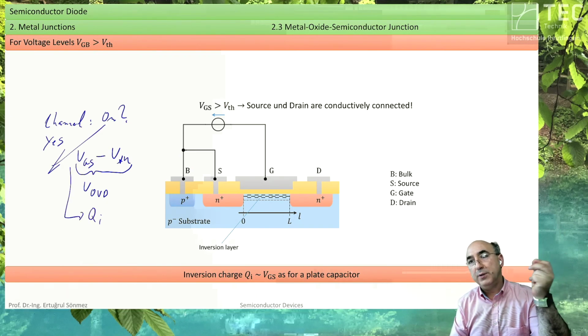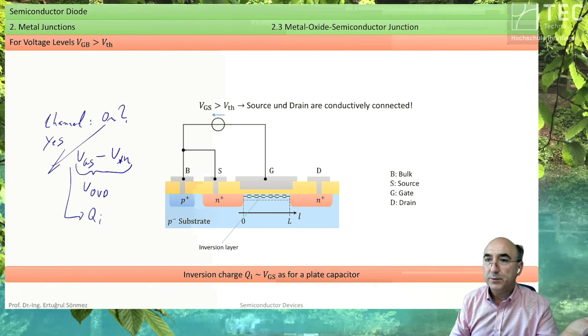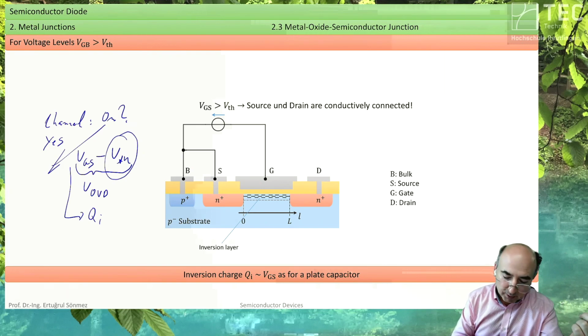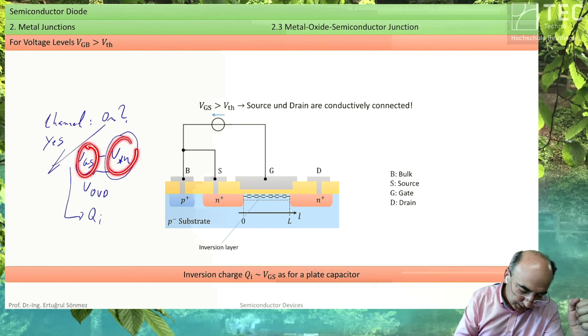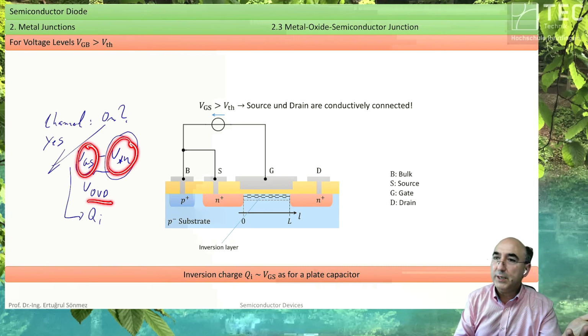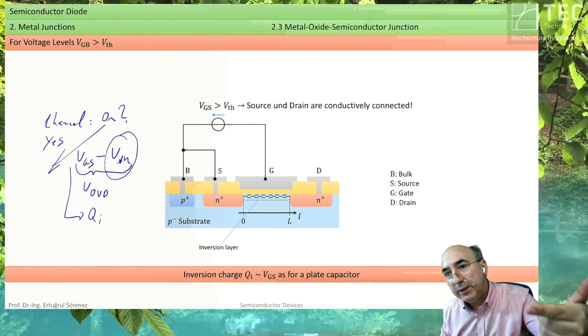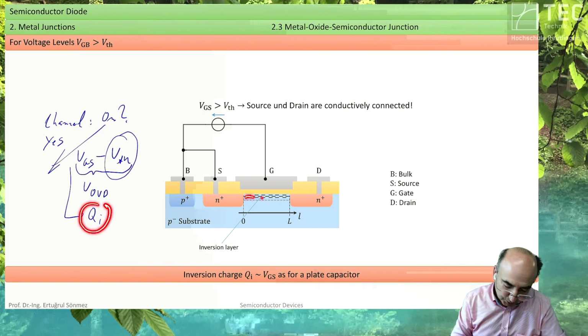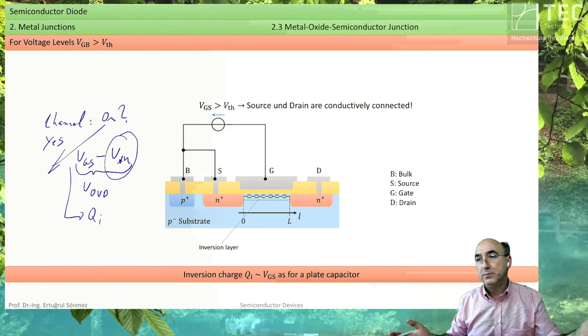So you switch on the channel, and switching on is the threshold voltage. If you apply more voltage than you require, you overdrive the gate, and the overdrive value is the charge you get into the channel. That's it.